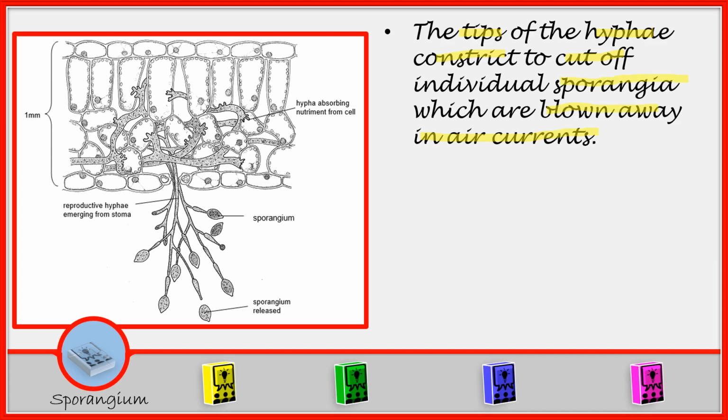So we have seen here the hyphae producing branches which pass through the stomata, and when they come out they produce the sporangium. Now this sporangium constricts and is cut off. They are released and they are blown away by the air current.